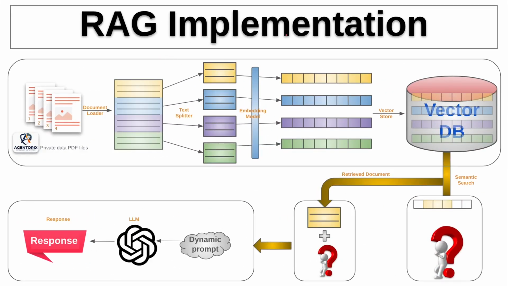Now let's see the RAG implementation here. First of all, assume these all are my company's private data. This may be PDF files or any text file. Then we will use this document loader to convert these files into documents. After that, we will use a text splitter to split these documents into chunks.